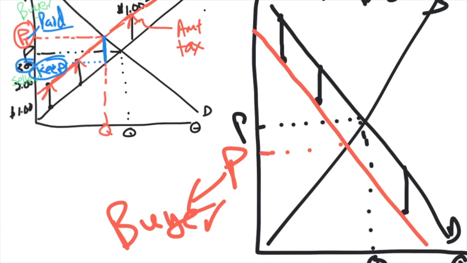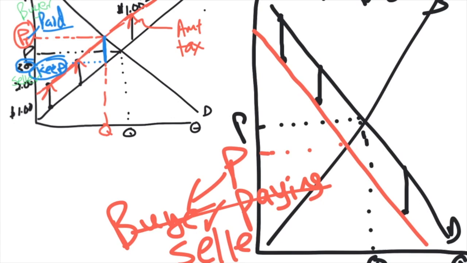So who gets that? Since buyers are paying that amount, that is the amount that goes to sellers. But then what else does the buyer have to pay?